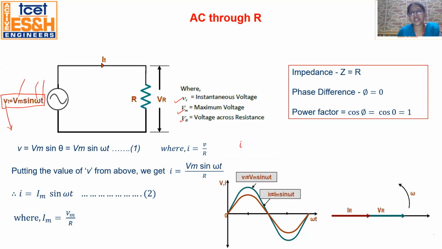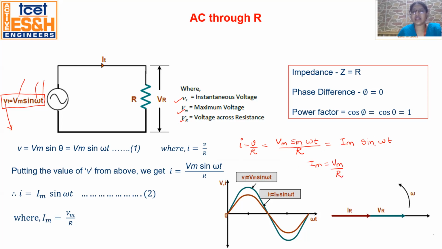So instantaneous current is V by R. It is also written like this, Vm sine omega t divided by R. So current has the equation Im sine omega t, where Im is equal to Vm by R.